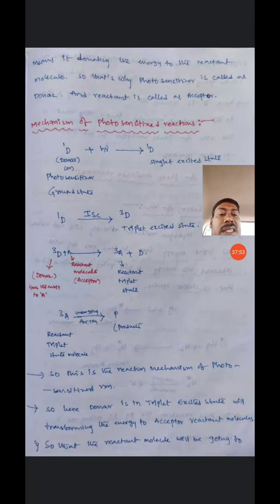This singlet excited state molecule, through ISC, forms a triplet excited state molecule, that is D3.